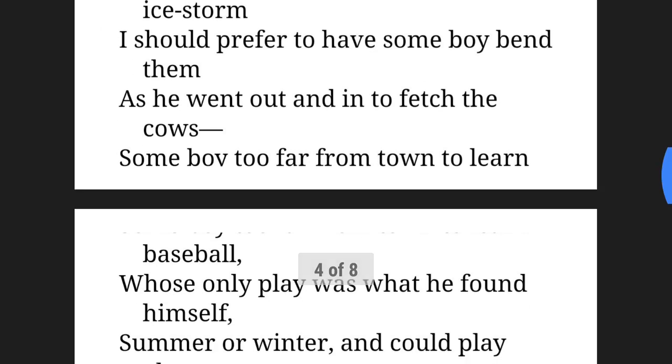For a boy who lives far away from the town, he has no scope of playing baseball. Children who live in the village, they improvise their own types of games. They do not have any idea about the games which are played by children who live in towns and cities. So in the village, they play all sorts of made up games, for example, swinging from tree branches and things like that.